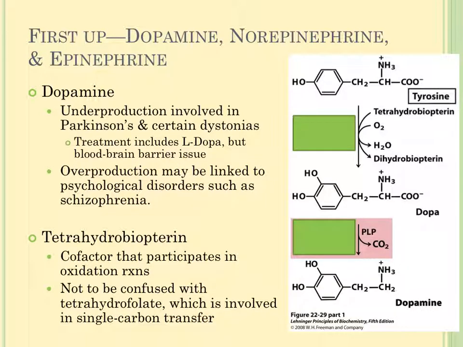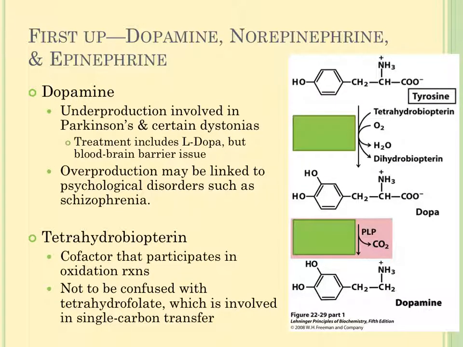Tetrahydrobiopterin, I don't think we covered it yet. It may have been on that list of cofactors from last semester. We don't see it a lot. This is the problem I've seen a lot of people get confused, between tetrahydrobiopterin and tetrahydrofolate, the H4 folate that we've seen. Remember, tetrahydrofolate does single carbon transfers.